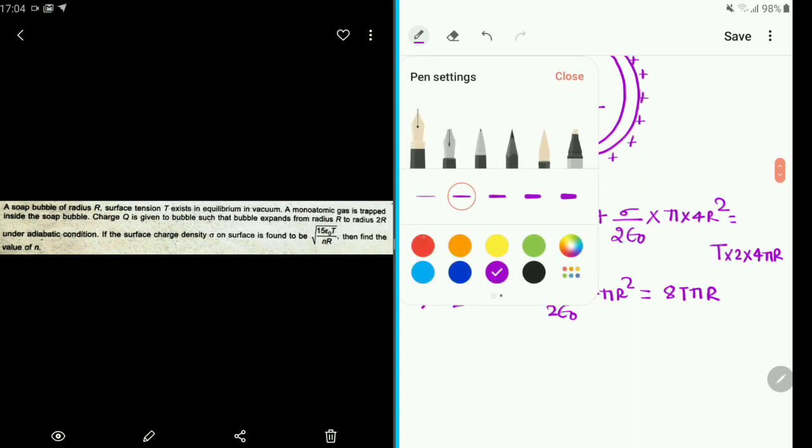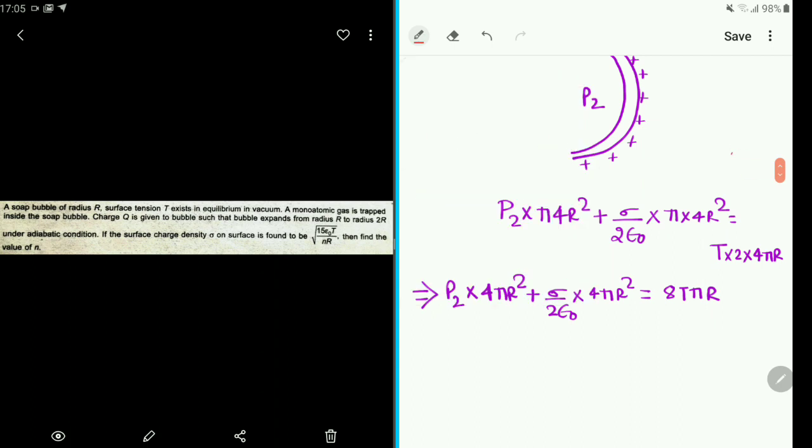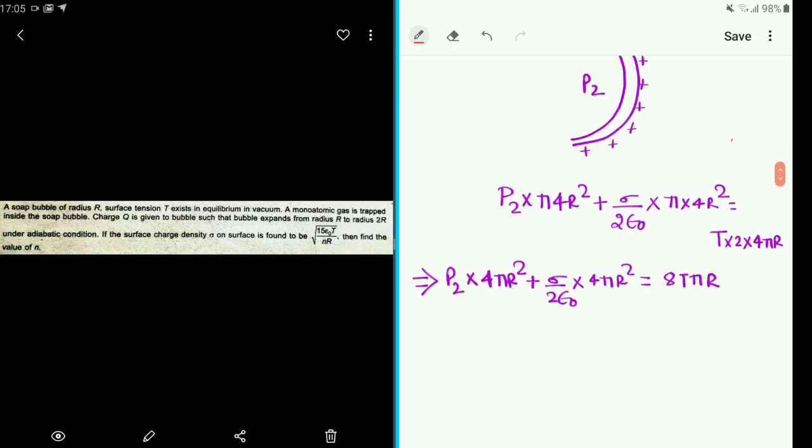So the net will come out to be 8T pi r, balancing the force due to P2 and the force due to electrostatic pressure. Everything is crystal clear till now.